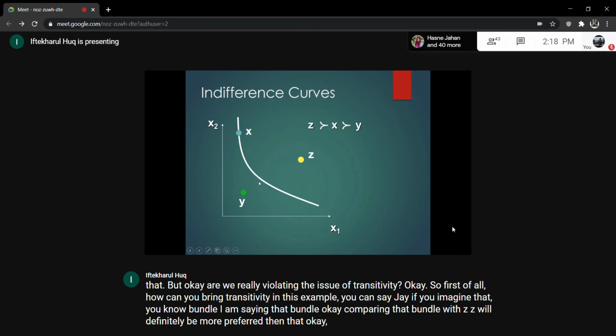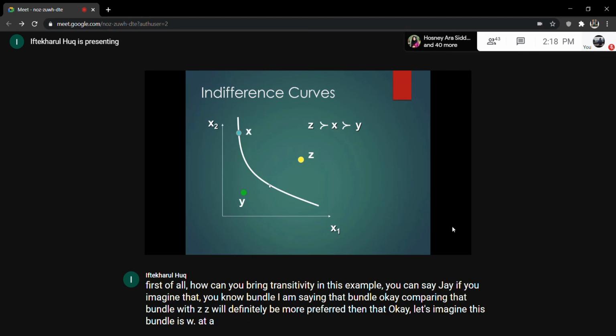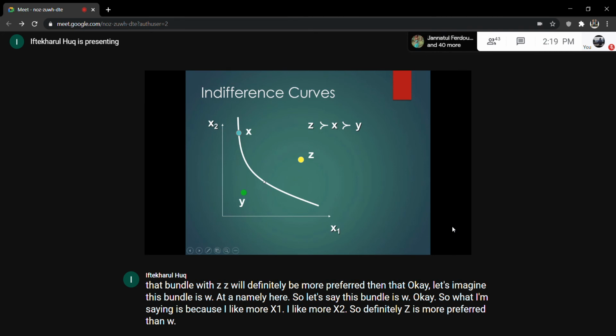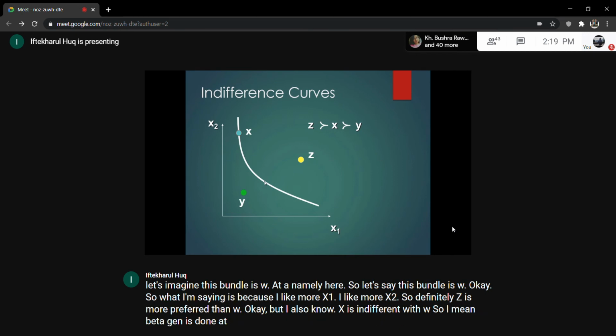Okay, let's imagine this bundle is W. একটা নাম দিই তাহলে আপনার কথা বলা easier. So let's say this bundle is W. Okay, so what I'm saying is, because I like more X1, I like more X2, so definitely Z is more preferred than W. Okay, but I also know X is indifferent with W. So আমি দুইটা জিনিস জানি, একটা হচ্ছে X and W, they are indifferent to each other.